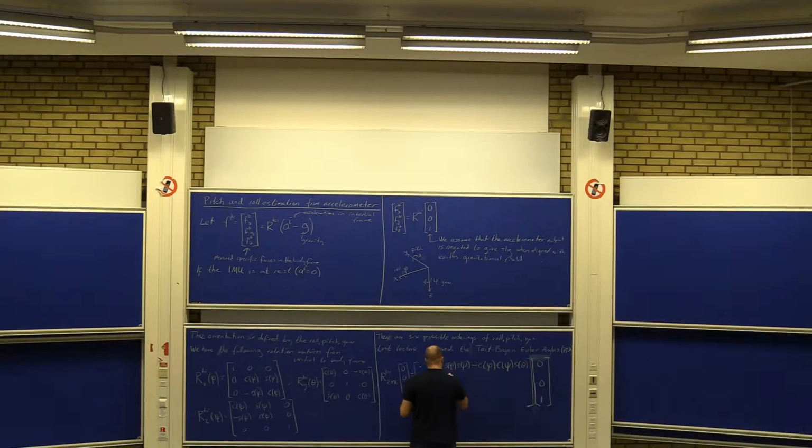Okay, and here we get cosine psi, sine theta, cosine phi, sine psi, sine theta. And the last element will be cosine theta, cosine phi.